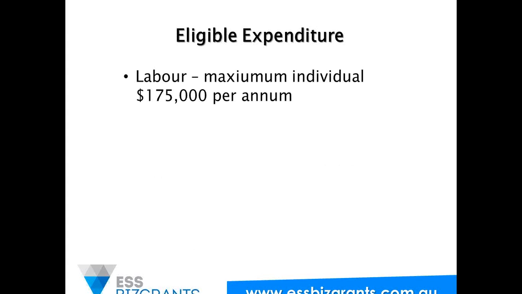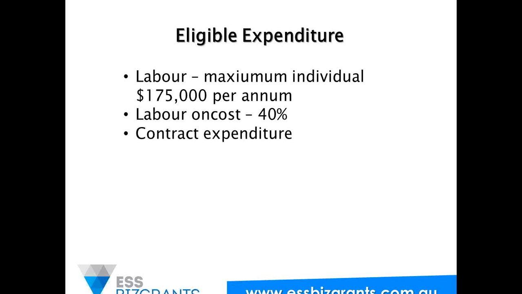Now, the eligible expenditure on this grant has got some various subheadings. We've got labour expenditure up to an individual maximum of $175,000. Labour on cost of 40%, which is to cover holiday pays and superannuations, etc. You can have contract expenditure, might be contract to other consultants to undertake certain work.